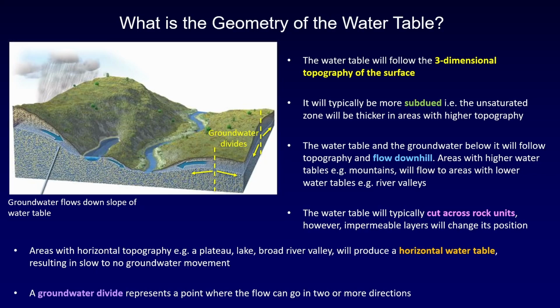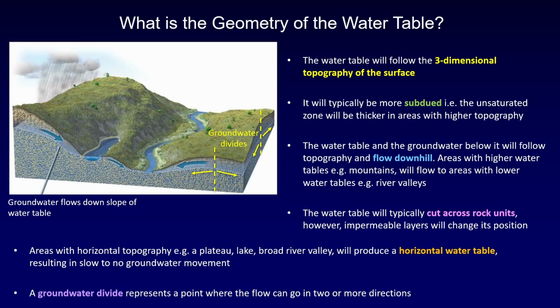The final variable is the geometry of the layers of rock in the subsurface. So if you imagine you have a situation where you have a nice sequence of rocks, they're all nice and horizontal, there's no deformation, well, in that case, the water will be able to flow along the porous layers of rock relatively easily.